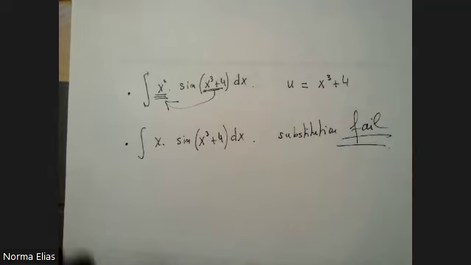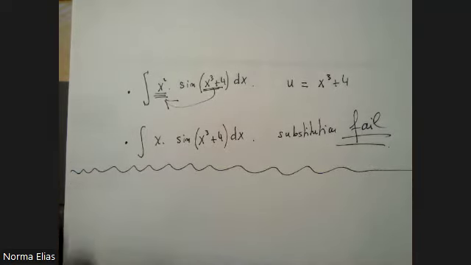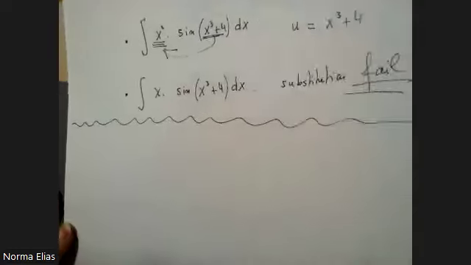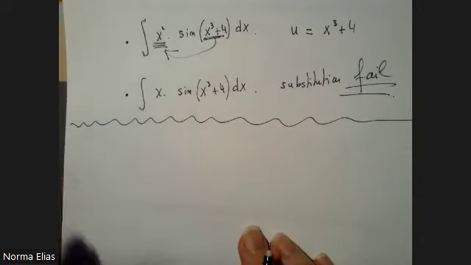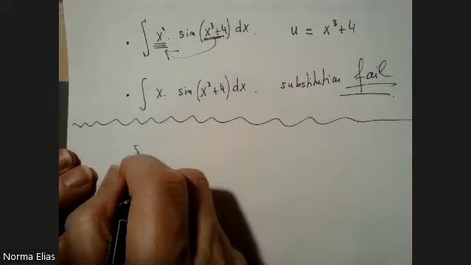Otherwise, it doesn't work. This being said, I'm going to give you two different kinds of substitution where I will tell you what the substitution is, because it's actually weird, but the idea is to learn how to do it. So, special substitution.